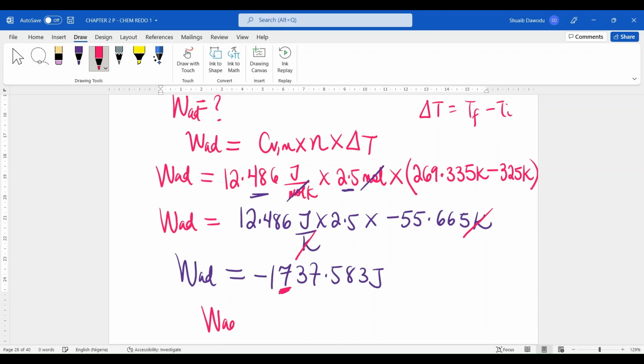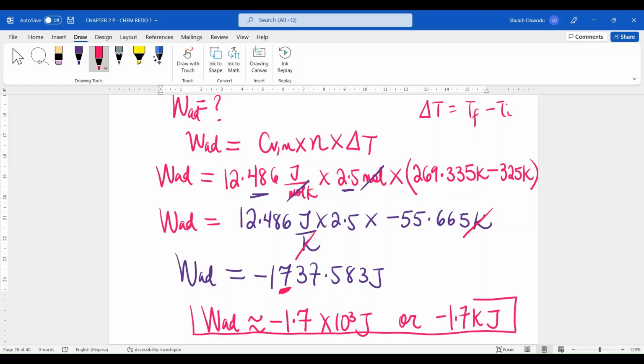So the adiabatic work done is going to be approximately negative 1.7 times 10 raised to the power of 3 joules, or negative 1.7 kilojoules. So this is the answer. So adiabatic work done is approximately negative 1.7 kilojoules, or negative 1.7 times 10 to the power of 3 joules.